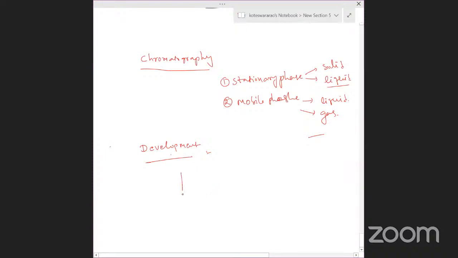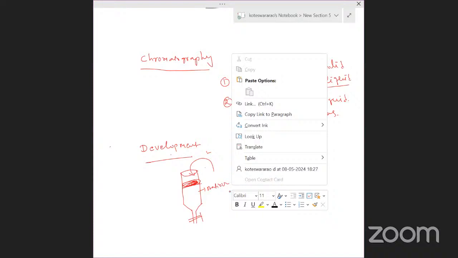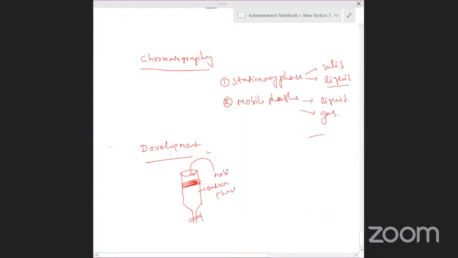Suppose we take column chromatography. I have filled the column up to a level with the stationary phase, and loaded the sample mixture above the stationary phase. Then I add the mobile phase.